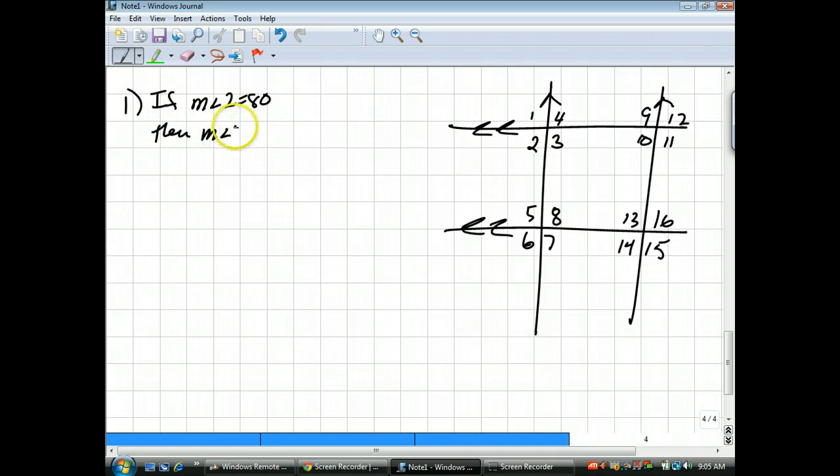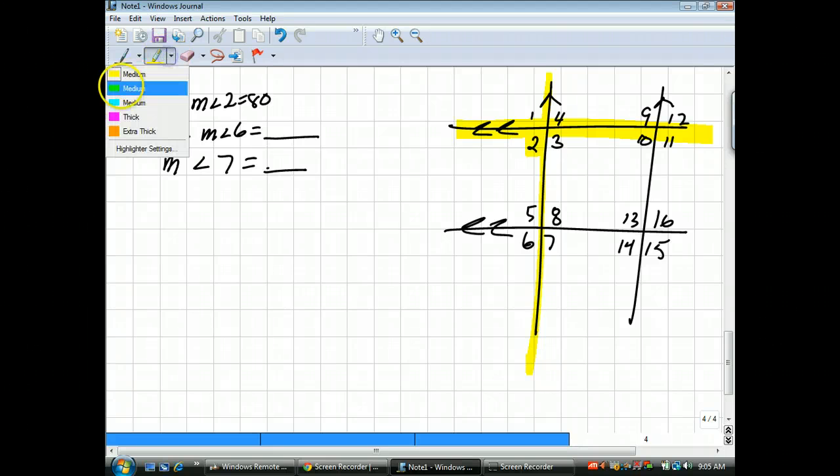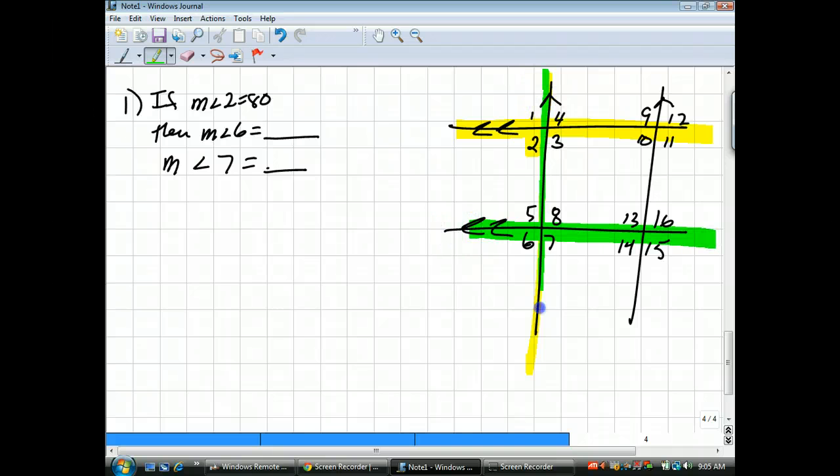Okay, so number 1, if measure of angle 2 equals 80 degrees, then measure of angle 6 equals what? And measure of angle 7 equals what? Okay, well, let's find angle 2. So angle 2 is right here. It is formed by this line and this line. And then angle 6 is formed by this line and this line.